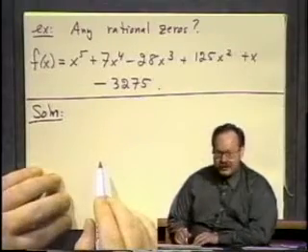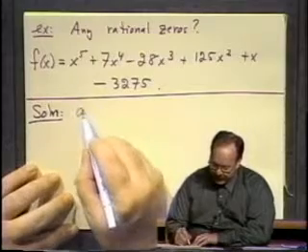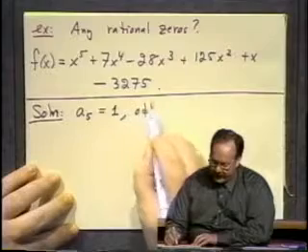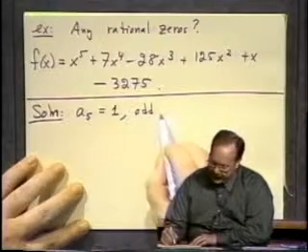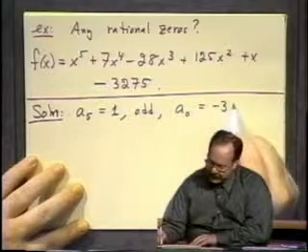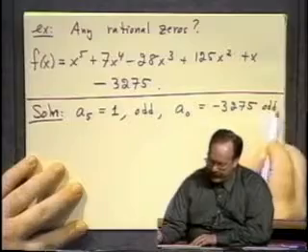So the smart thing to do is to see if there are any rational zeros at all using that second theorem. So let's observe that A5 is equal to 1, which is odd. And A sub 0 is equal to minus 3,275, which is also odd.